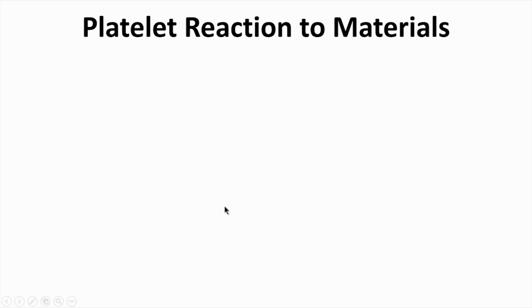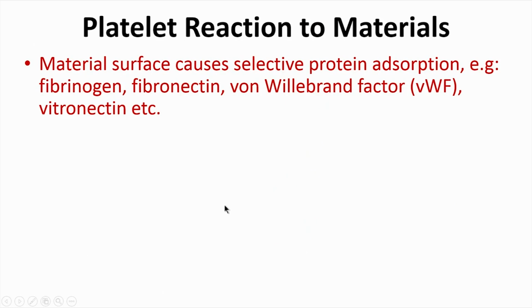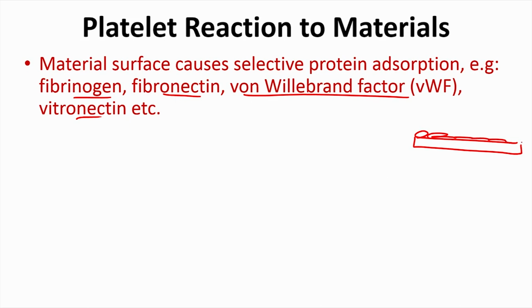So, let us talk about how to measure this platelet reaction to materials. Material surfaces can cause selective protein adsorption. As I said, any new material will cause protein adsorption, and there could be proteins like fibrinogen, fibronectin, VWF, vitronectin, etc. These are again some ECM proteins which can adsorb onto this new material surface that gets exposed to the serum.